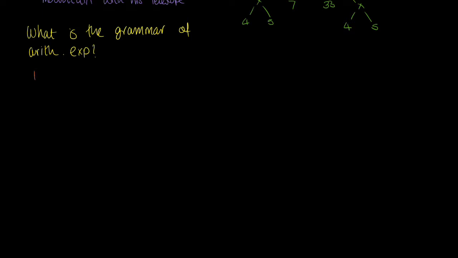So we say a digit is 0 up to 9. Then a number is just one or more digits. So we can say a number is a digit on its own, or a digit followed by another digit, or 3 digits in a row, and so on.